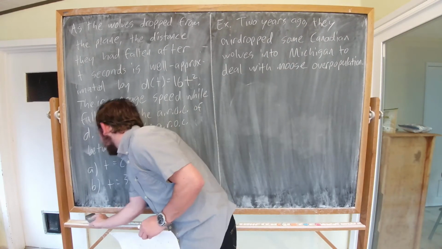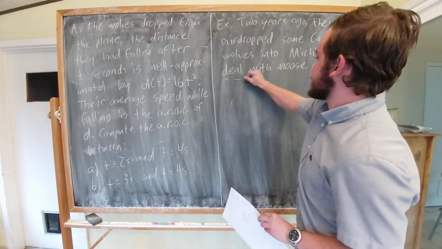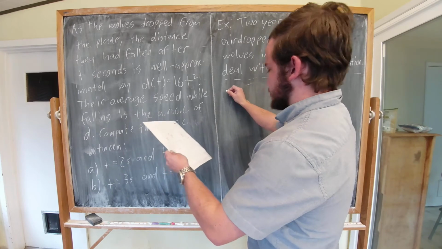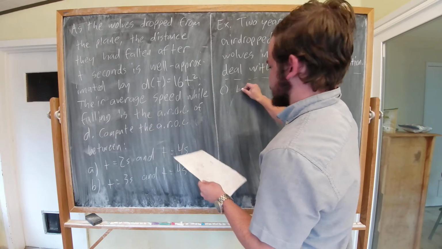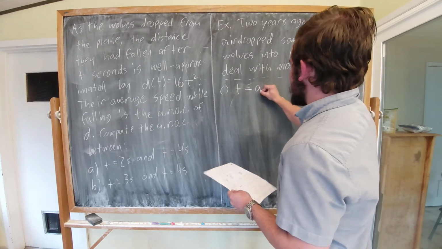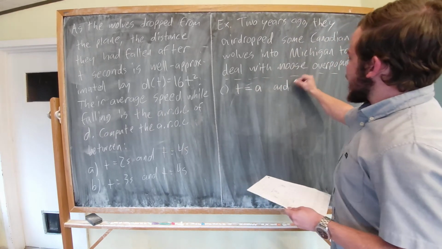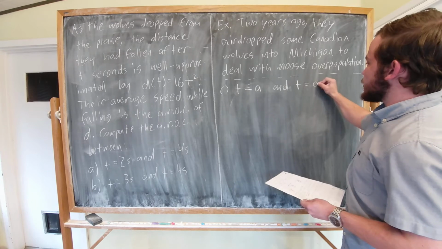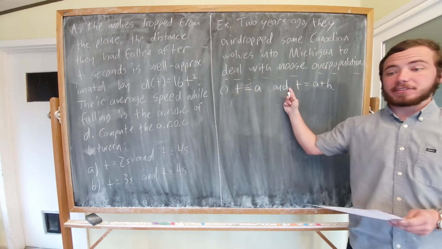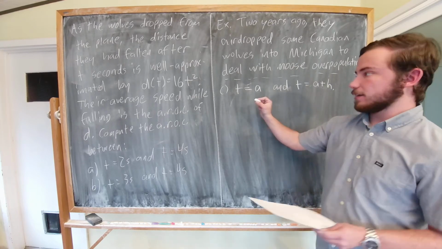Yeah, I know. Fun picture, but it's going away. And then let's do one more part for this. Let's say between t is equal to a and t is equal to a plus h. And we'll care most about this last example, and we'll see why in a second.